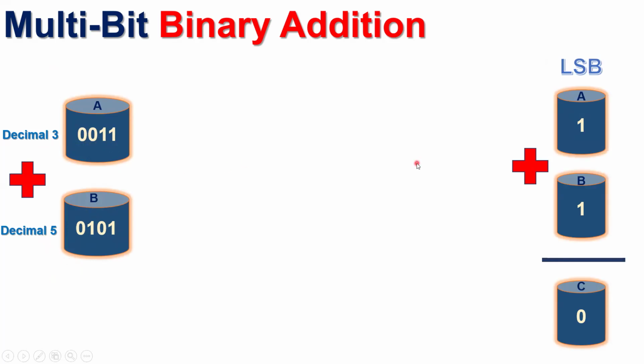But now in binary, what I see here, the LSB of both A and B is kept right over here. So from number A, the LSB is 1. From number B, the LSB is 1. And addition of these two LSBs, 1 plus 1 in binary, sum is 0 and it generates a carry.